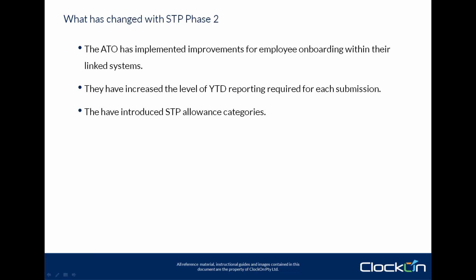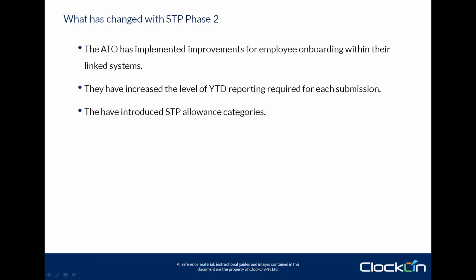Right, so what has changed with STP Phase 2? In a nutshell, they've increased the amount of information that you're required to send to them. So that has a couple of benefits. One is they're able to connect with their own internal systems and share the information across them.